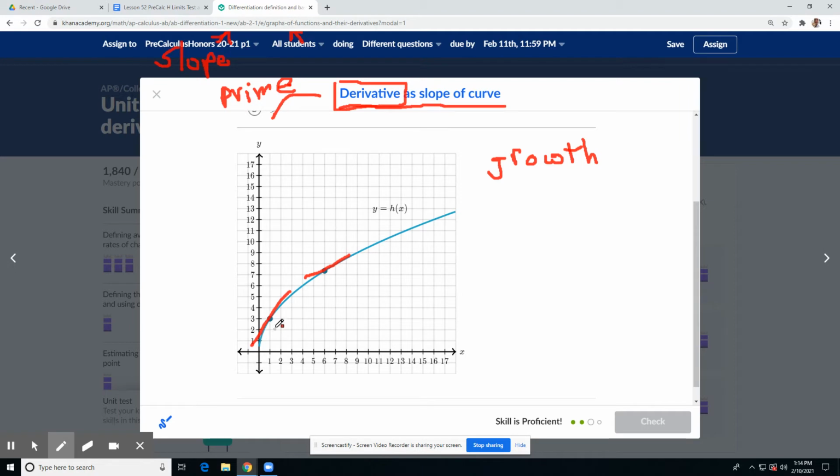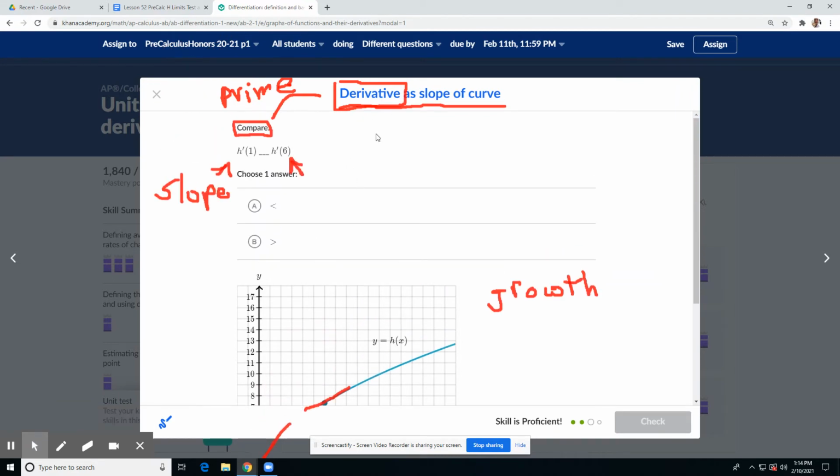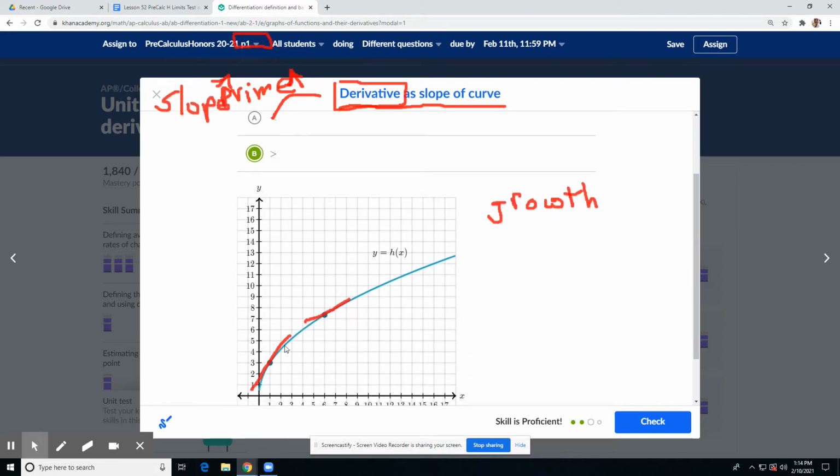It's growing faster at 1. So that's another idea of slope. There's a lot of links to what we've already talked about when it comes to derivatives. So in this case, the slope or the growth at 1 is greater than the slope at 6. It has a steeper slope at 1 or a larger growth compared to the other one.